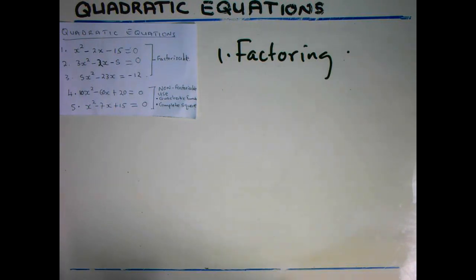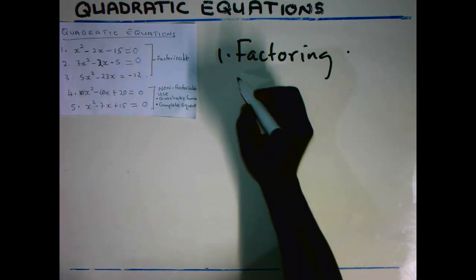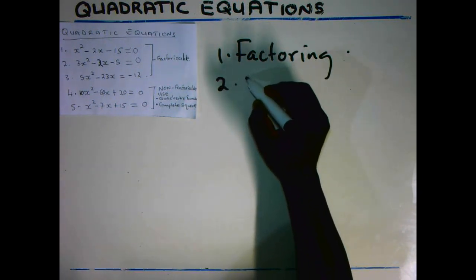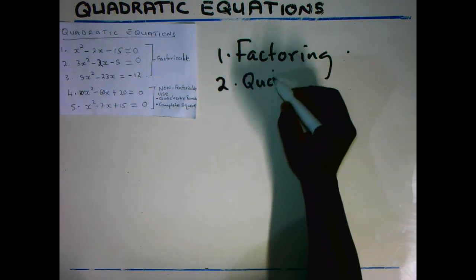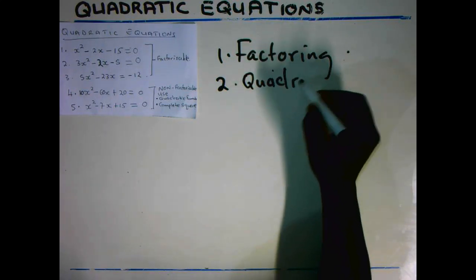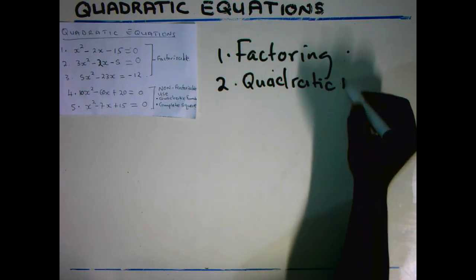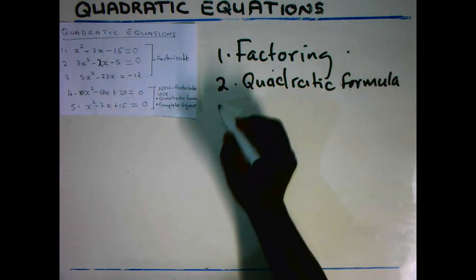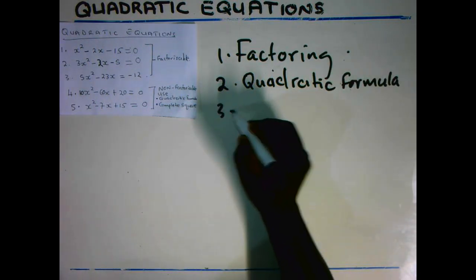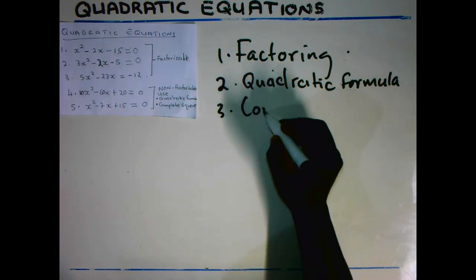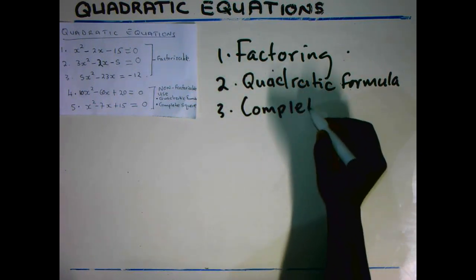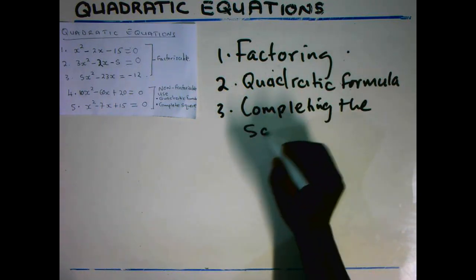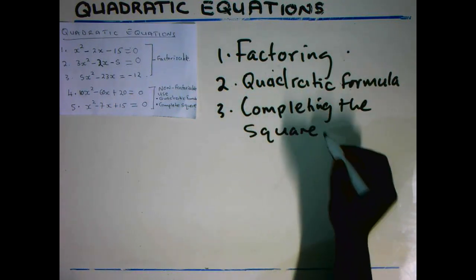They are non-factorizable. So if an equation cannot be factored, we can use what we call the quadratic formula. Or we can also use the method of completing the square.